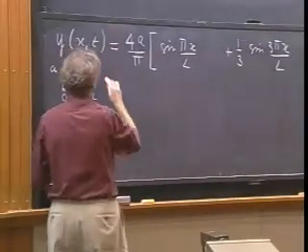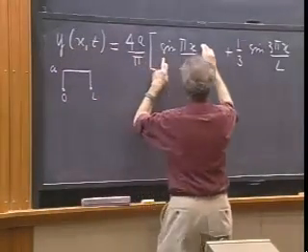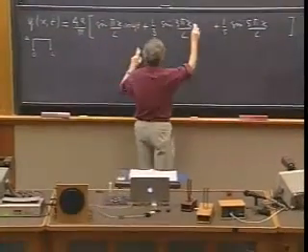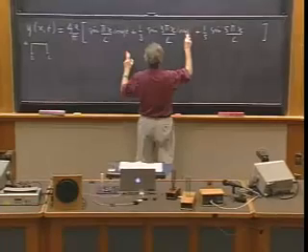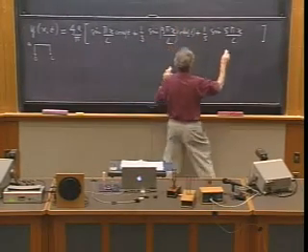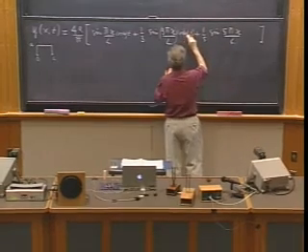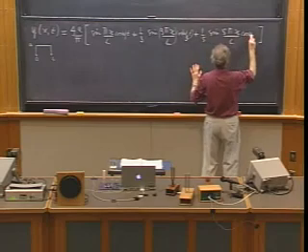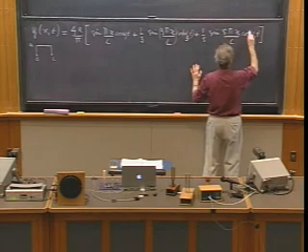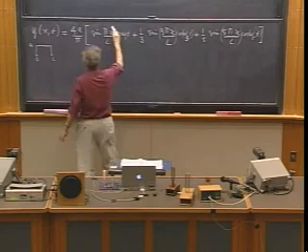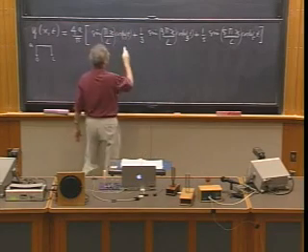And what happens now is that this one is going to oscillate with omega 1t. This one is going to oscillate omega 2t. And this one, omega 3t. And this one is going to oscillate with cosine omega 5t. Each one of these are standing waves.